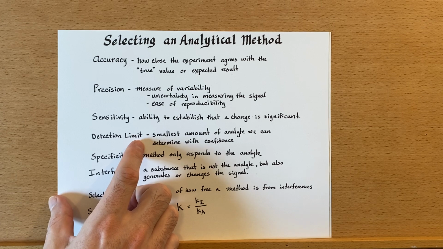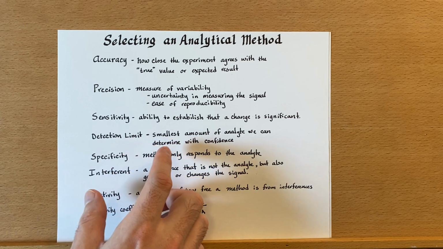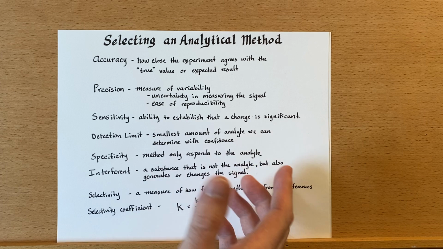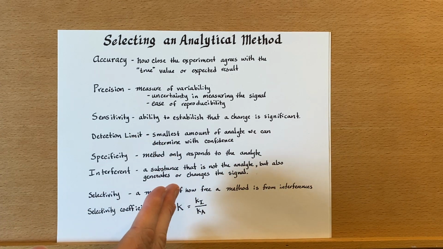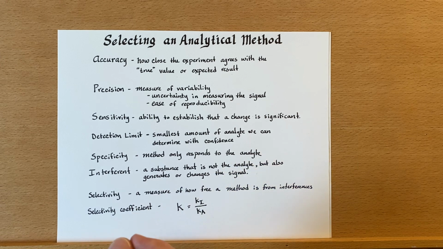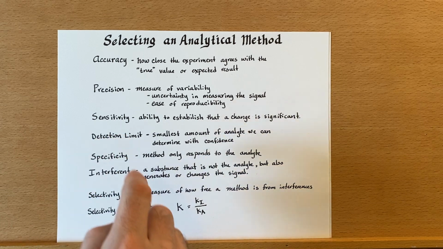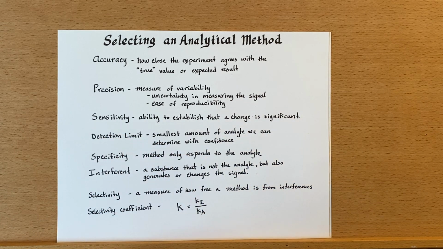We'd like to have a very extremely low detection limit so that this is the smallest amount of analyte that we can actually determine and say, yes, there's absolutely analyte there. And not just, well, it seems like there might be something there, but it's pretty noisy in the signal. If you've ever zoomed in on some spectroscopy, you'll notice that it usually fluctuates a little bit.